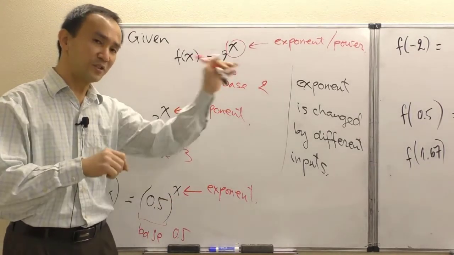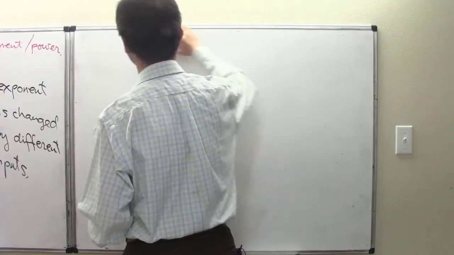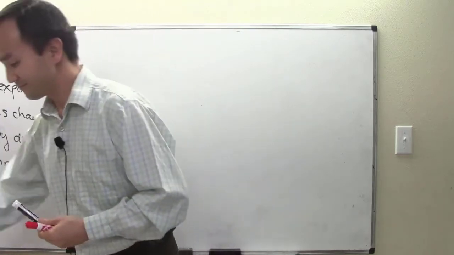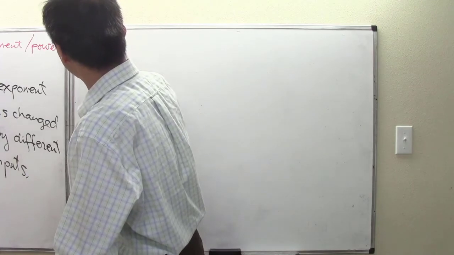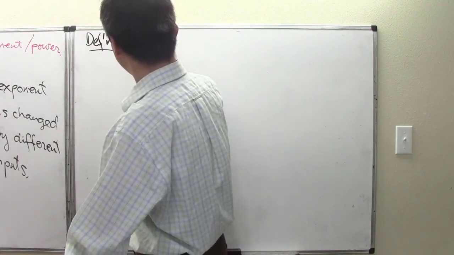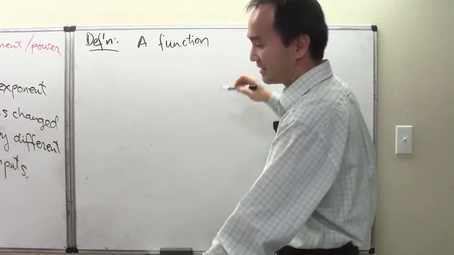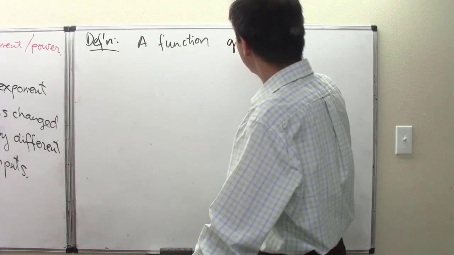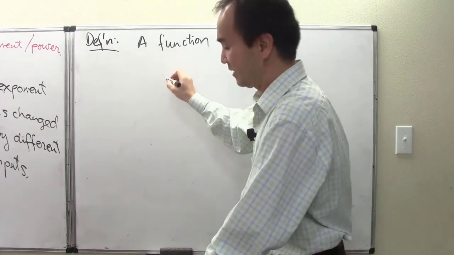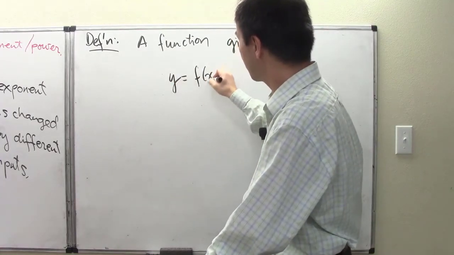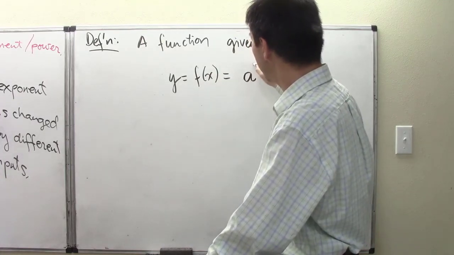All right, so now let's get on to the other board and write down a formal definition. As far as a definition, any function given by the following rule, we can call y equals f of x equals some base a raised to the x.